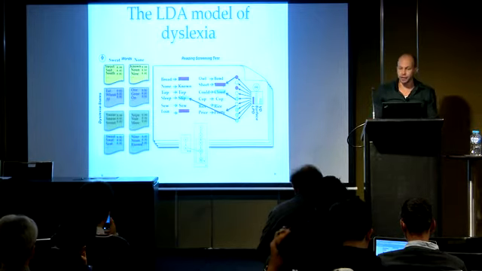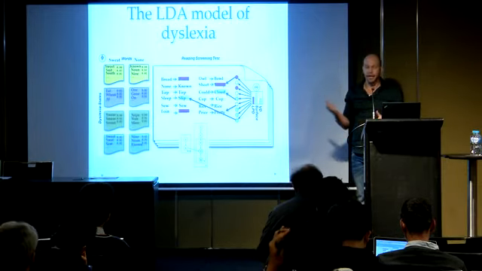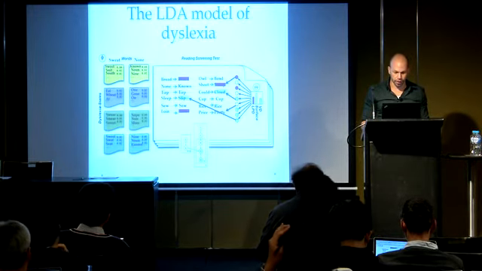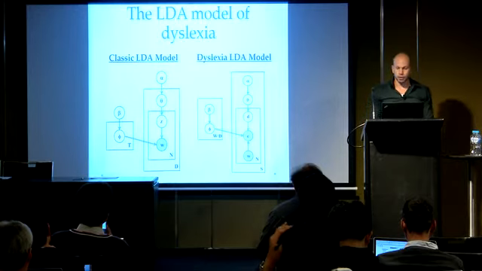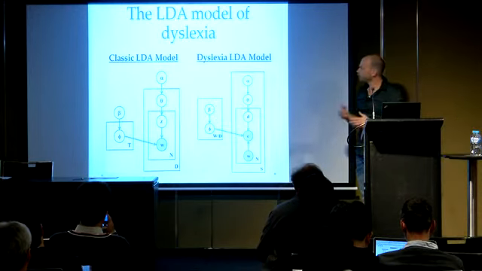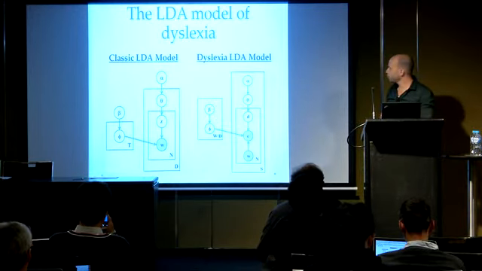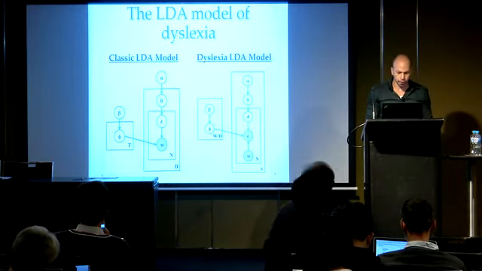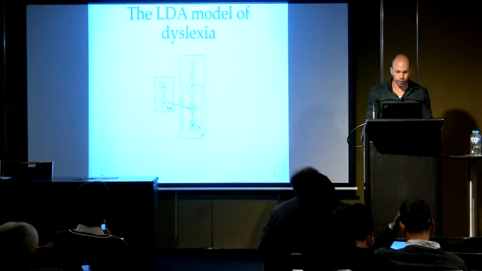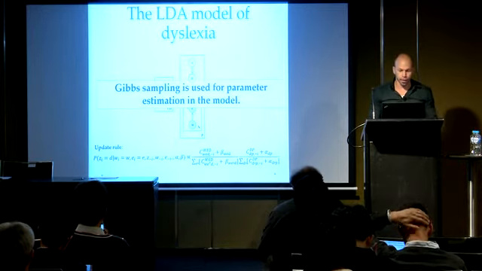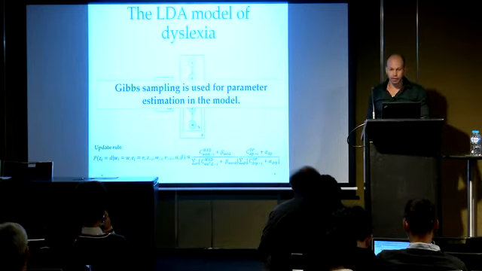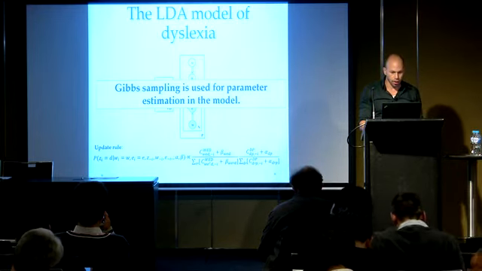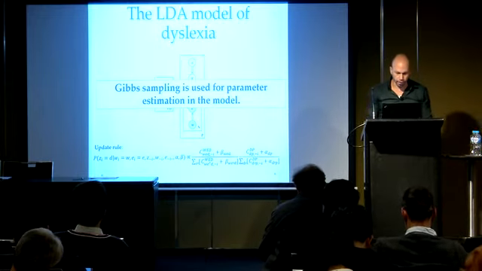And last, for each response, it learns the hidden dyslexia state that has generated this error. So you can compare the classic LDA model and the dyslexia LDA model. They are quite similar. We trained the model using Gibbs sampling, and we derived the corresponding update rule, which is also similar to the classic case.